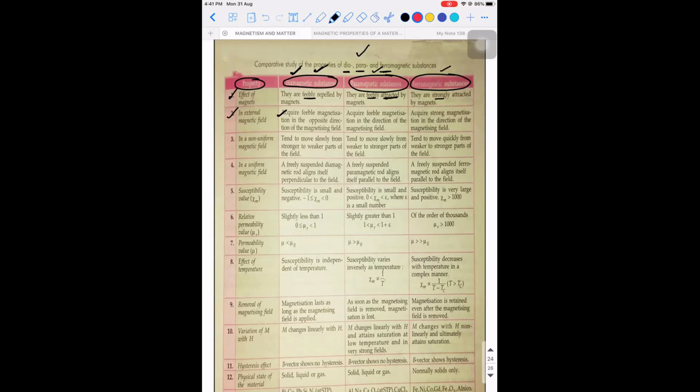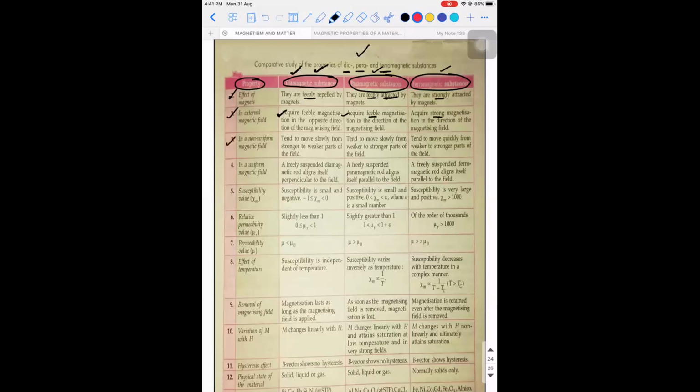So if the magnetic field inside the substance is in the direction opposite to the external magnetic field, then that kind of a substance is diamagnetic in nature. Whereas what will happen in a paramagnetic substance? It will acquire feeble magnetization in the direction of the magnetizing field. Okay. Same thing will happen for ferromagnetic. Only difference will be, here it is feeble, here it is strong. Every point is the same.